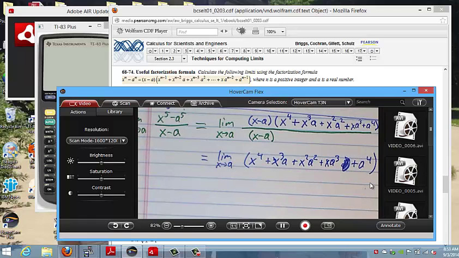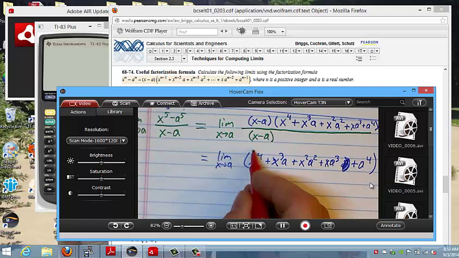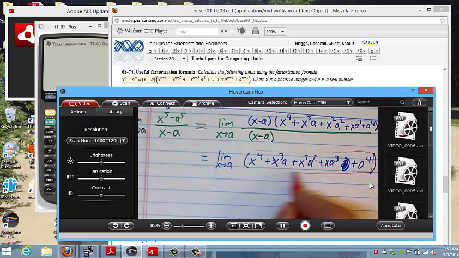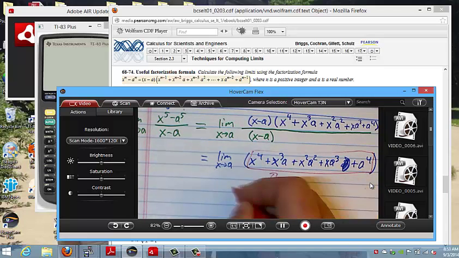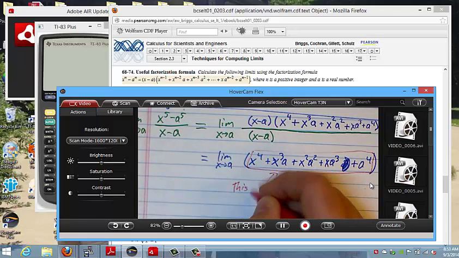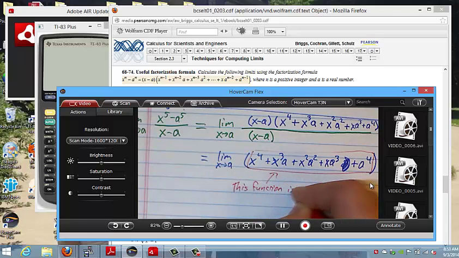All right. Am I allowed to plug in a now? Yes. I would say that this function, to use my word from next week, is continuous at x equals a.